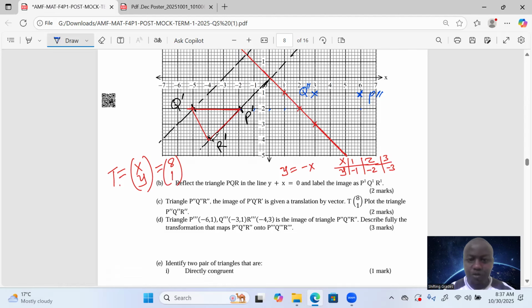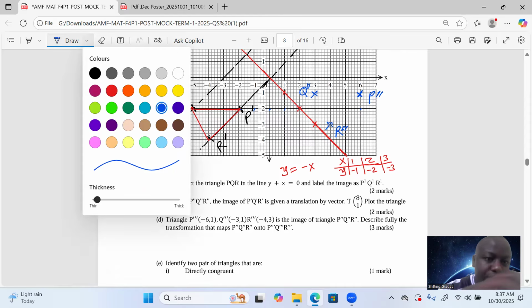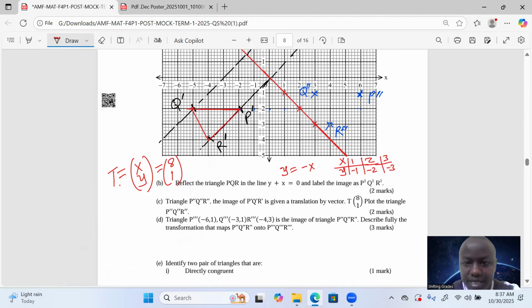You also move the same 8 units and 1 unit upwards. So you'll be at (4, -3). That's R double prime. Very simple. So that's how we translate using a translation vector. Then you connect all your triangles now.